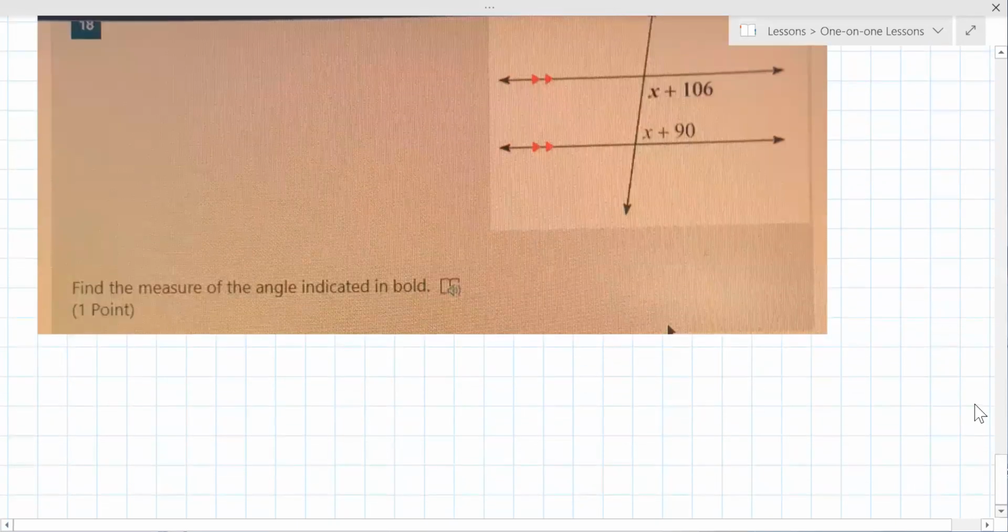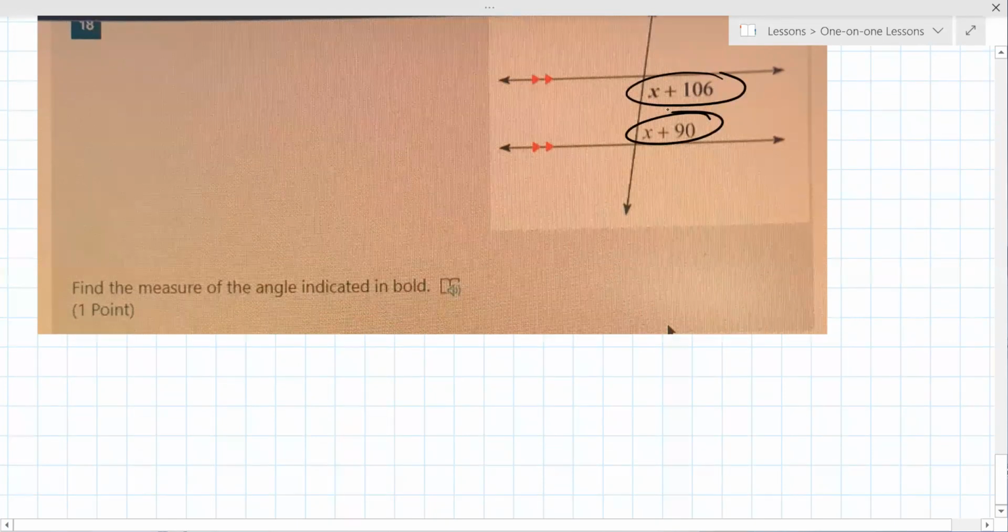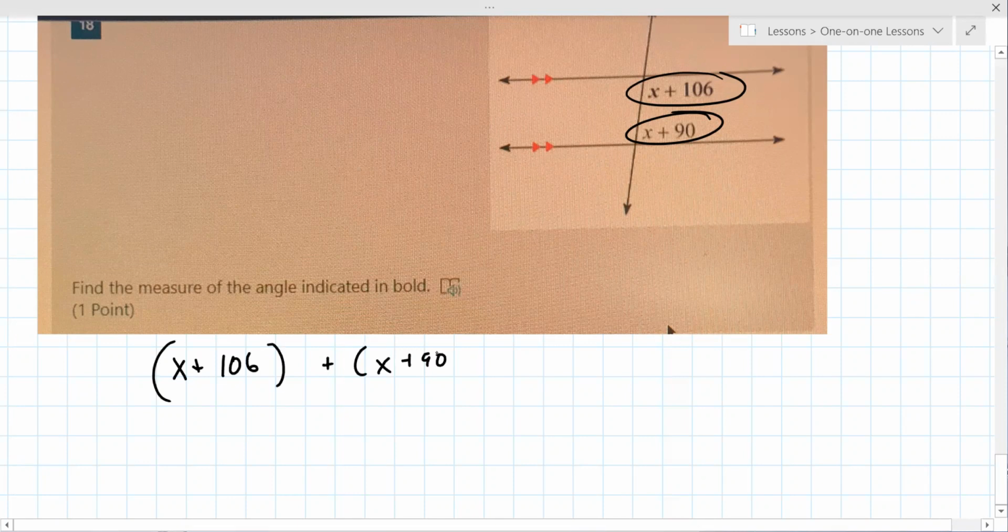But the first part of this question is to decide: are these angles that I'm looking at equal or do they add up to 180? They add up to 180, excellent. So x plus 106 plus x plus 90 adds up to 180. We don't need the parentheses.